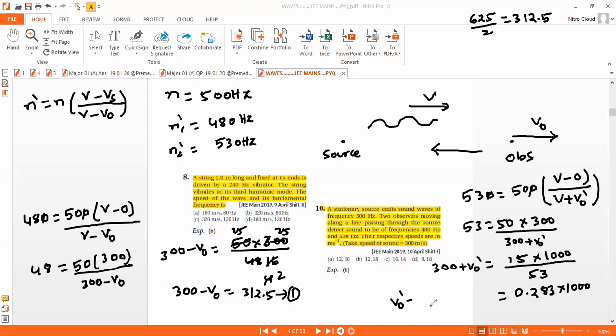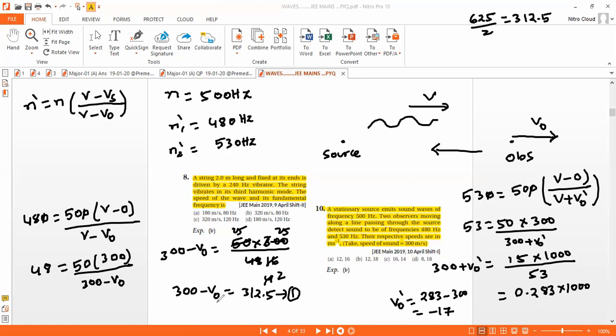So V naught dash will be 283 minus 300, approximately minus 17.